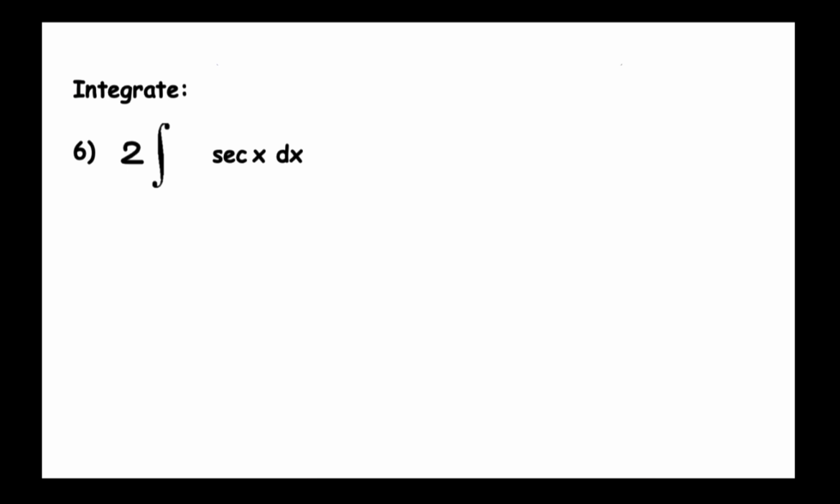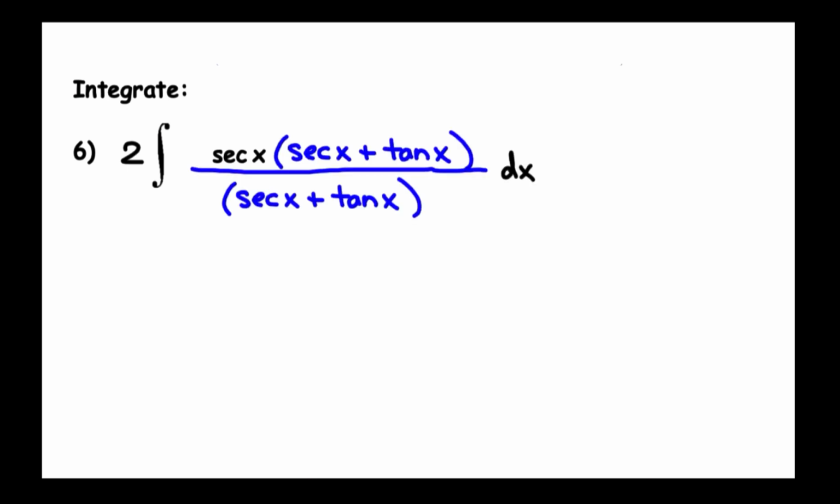And you need to turn this into a fraction and multiply both the numerator and denominator by secant of x plus tangent of x over another secant of x plus tangent of x. Probably not one of my first 10 choices when I was trying to figure out how to do this as a student. Okay, why in the world would I want to do that?